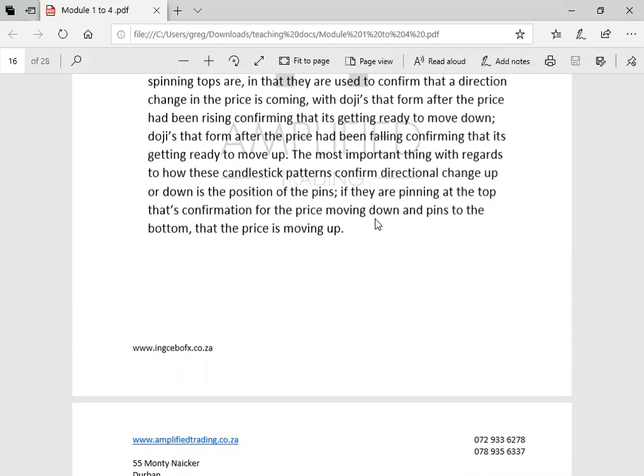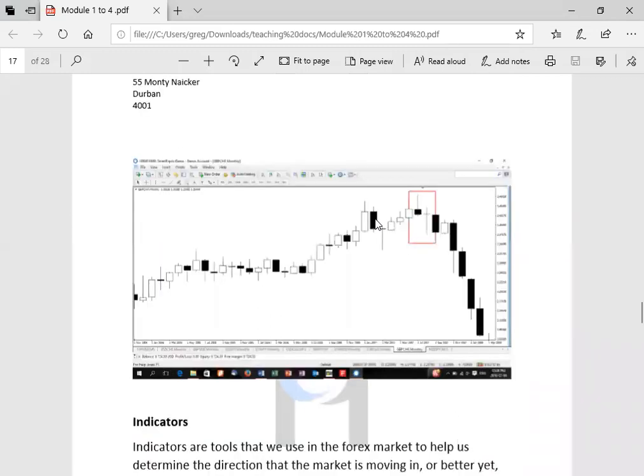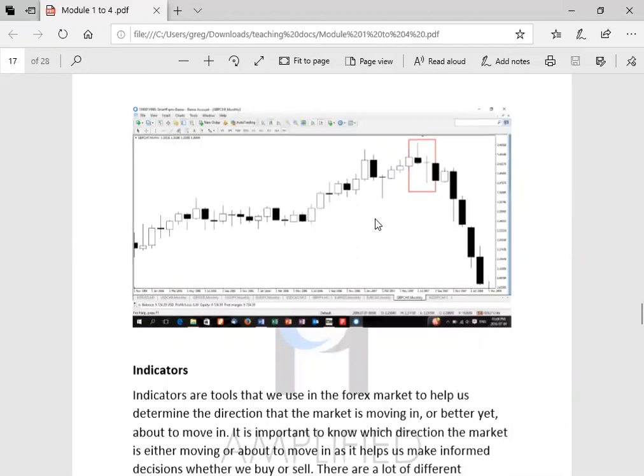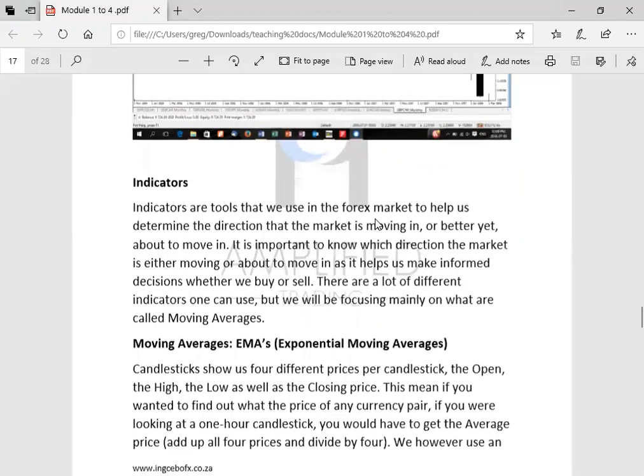And if it forms at the top of the trend, okay, this is a very terrible example, but if it forms at the top of the trend, what it can signal is a reversal or a change in direction or change in trend. So that could warrant a short or a change in direction of bias from you, right? To get out of your buy order and then go into a short, or just to get out of your buy order. Right. So that is what a Doji candle will look like.